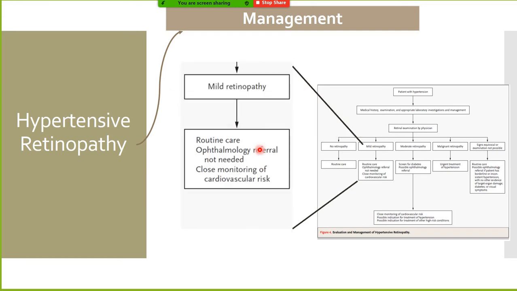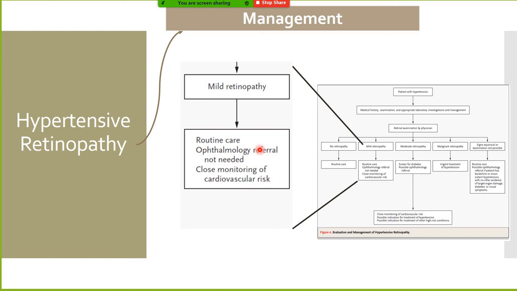When it comes to mild retinopathy, there should be routine care as well, and make sure they are monitored for other cardiovascular diseases, because hypertension is associated with other systemic diseases as well. The eye is a window, and we can diagnose much more than diseases in the eye from findings in the eye.